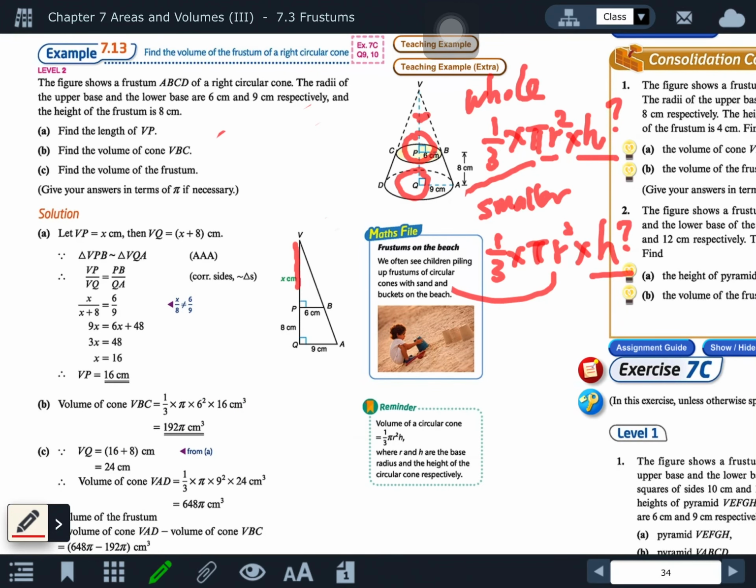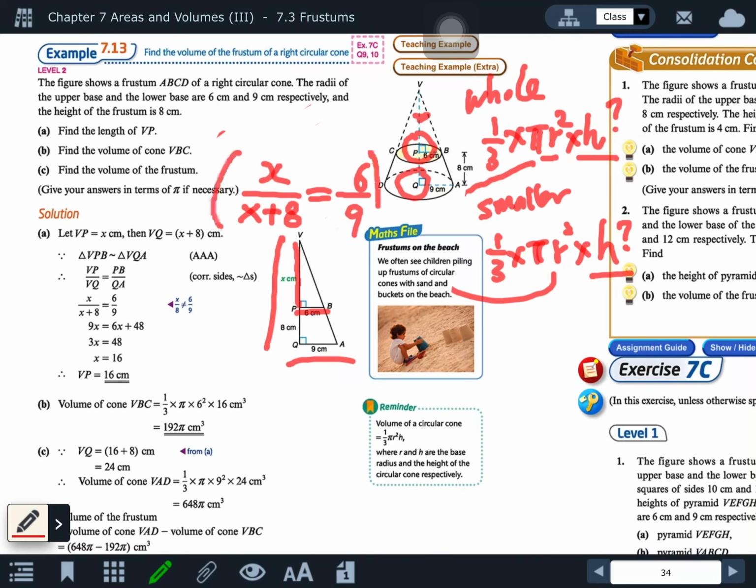You can see VP with the length x. For the similar triangle, the x, this length, compared to VQ, which is x plus 8, will be equal to the ratio of 6 to 9. So 6 to 9.